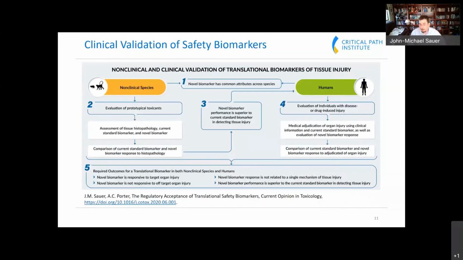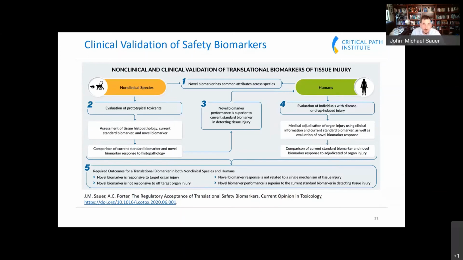So here is a more granular look at how with safety biomarkers, we go ahead and qualify these biomarkers, right? At least from a clinical validation standpoint. We use non-clinical species and prototypical toxicants to demonstrate end organ toxicity. We compare the response of the novel biomarker to standard biomarkers, as well as the truth.